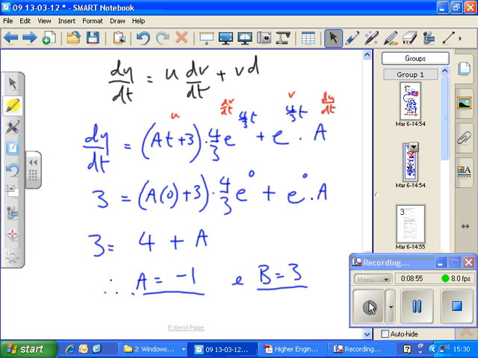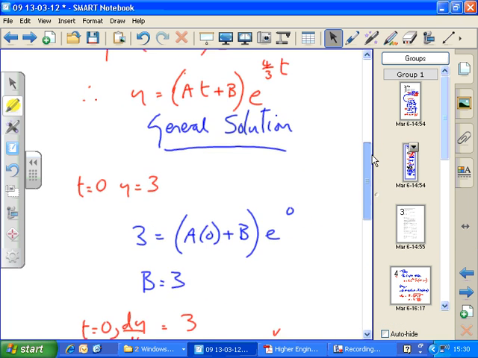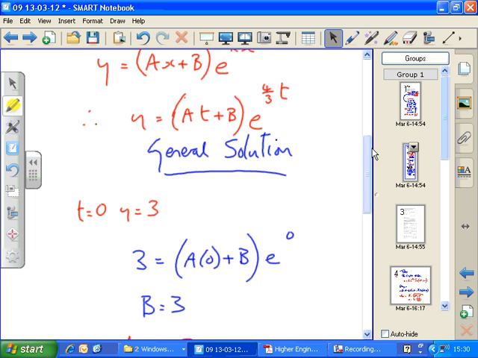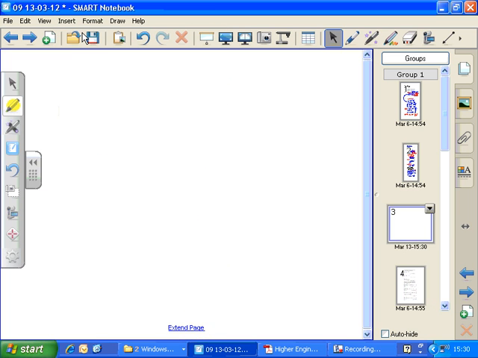So we've got b equals 3 and a equals minus 1. So we can put them back in to the general solution and write the particular solution. Remember, the general solution is that, and so we can now rewrite that. y equals at plus b, e to the 4/3 t.